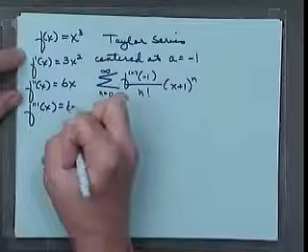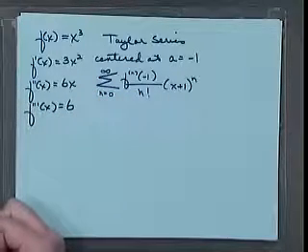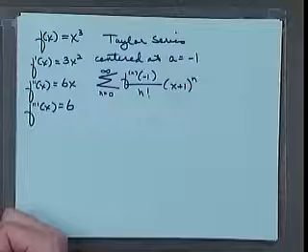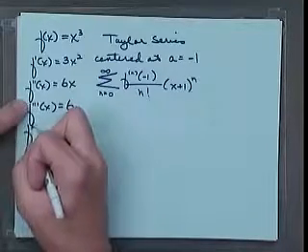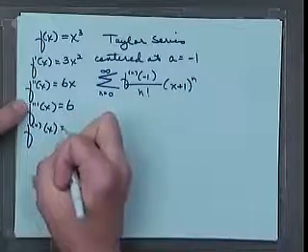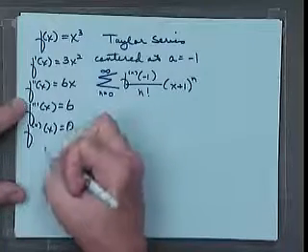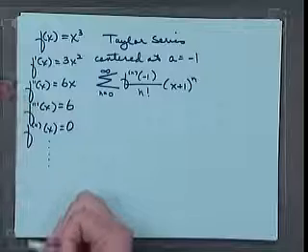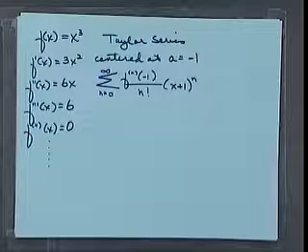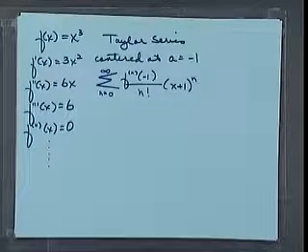Third derivative is 6, and here's why we kind of lose all the terms beyond this one, because the fourth derivative and beyond would be what? 0.